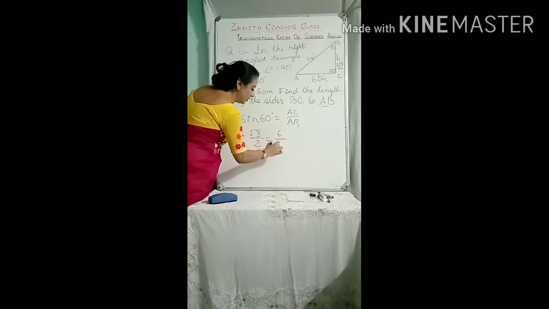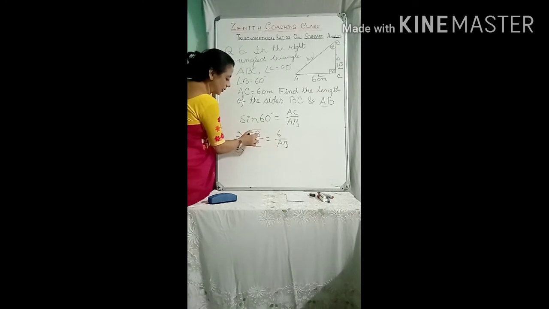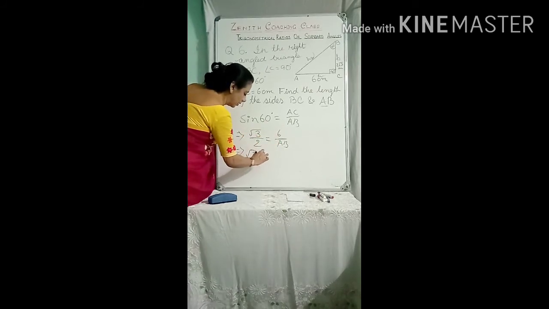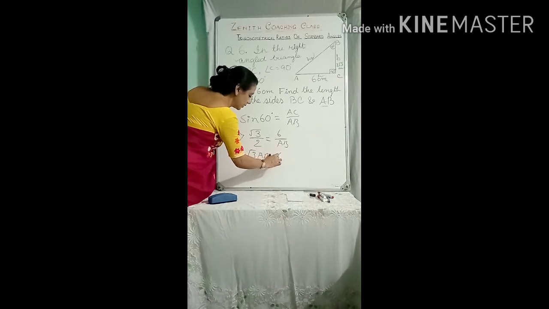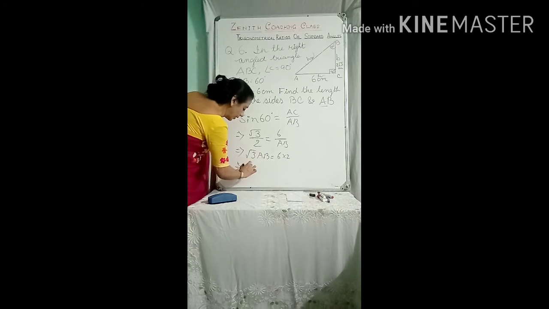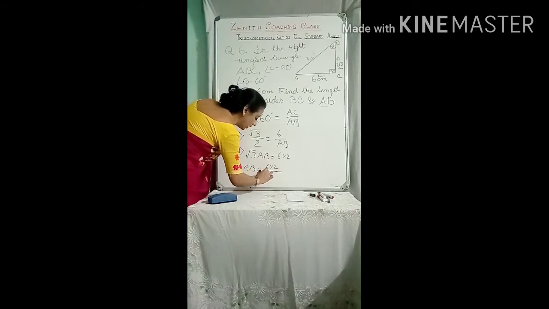Here AC is 6, so 6 by AB. By cross multiplication, root 3 AB equals 6 into 2. So AB equals 6 into 2 by root 3.